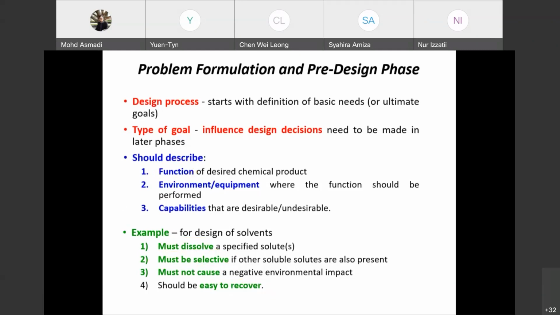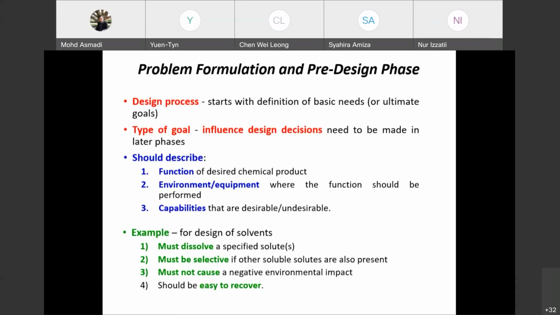That is the example if you want to design a solvent.